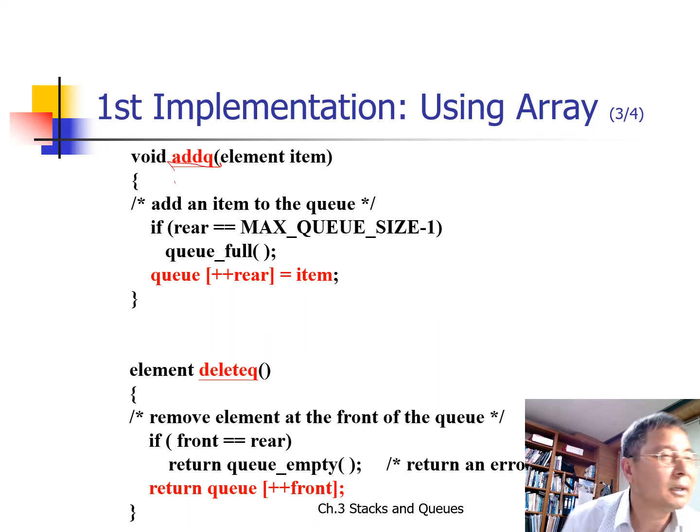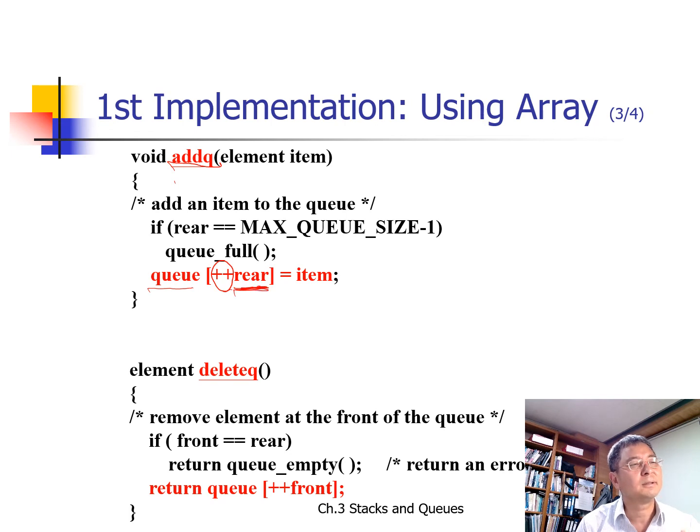So add queue will add data at the rear index, and the plus increment operator goes before rear.